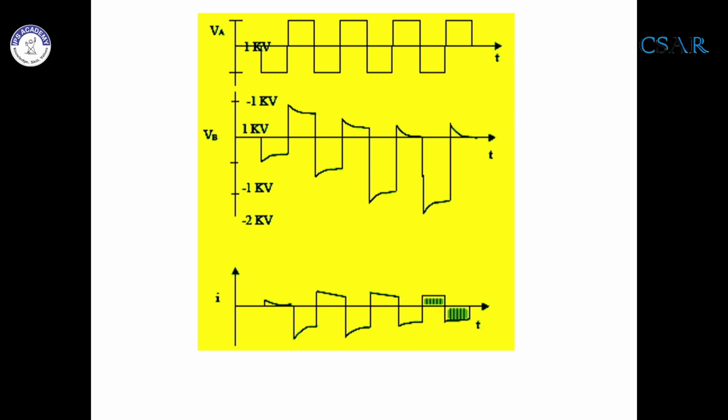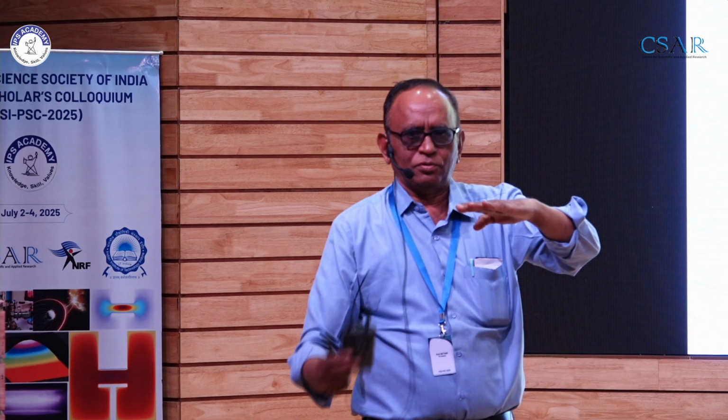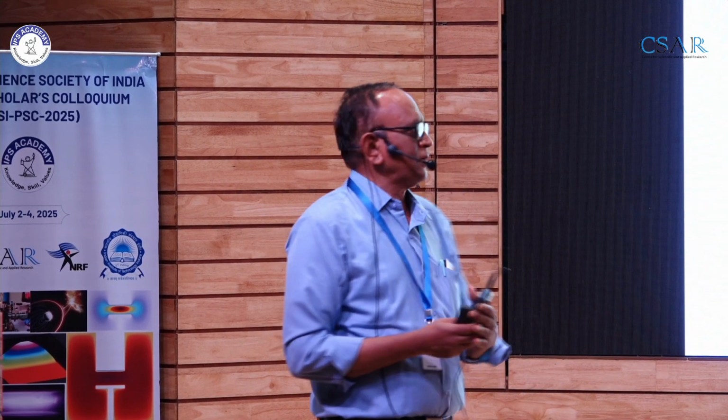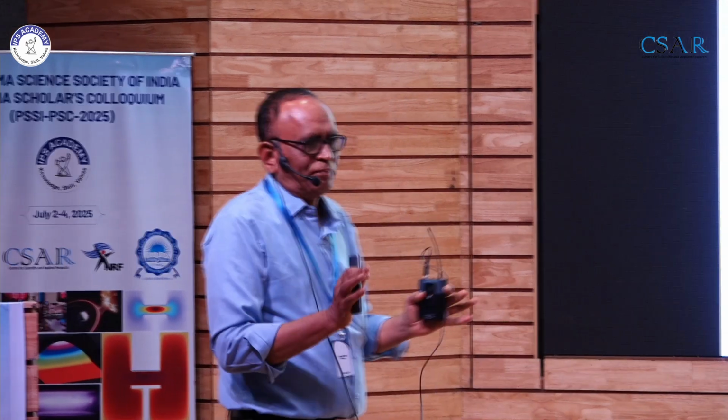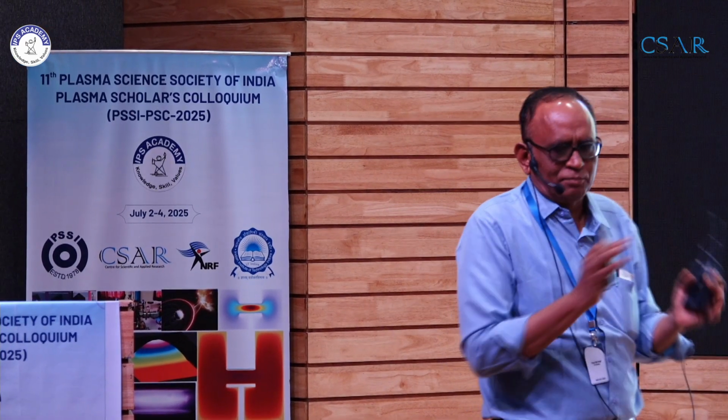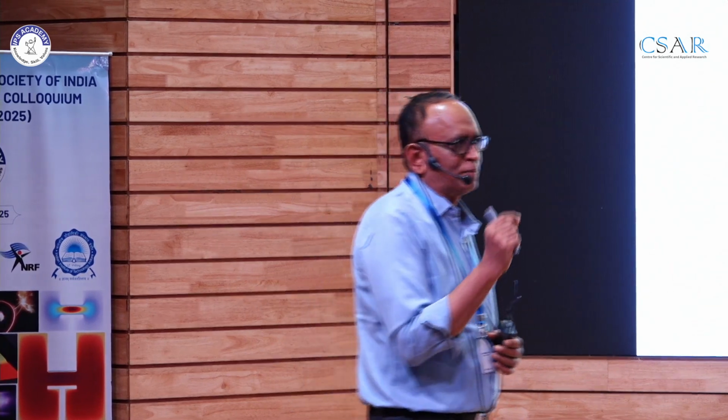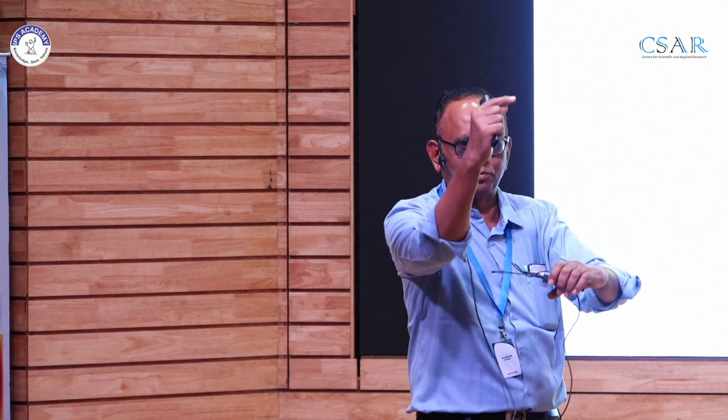Now, what is happening? Once the bias is developed onto that cathode, the cathode is at a steady state negative voltage, and on that there is a superimposed RF. Most of the time, the cathode will be negative. I have also incorporated a slide which shows that 99% of the time the cathode is negative, or less than 1% of the time it is positive, because there is a negative DC potential on which the RF is imposed.